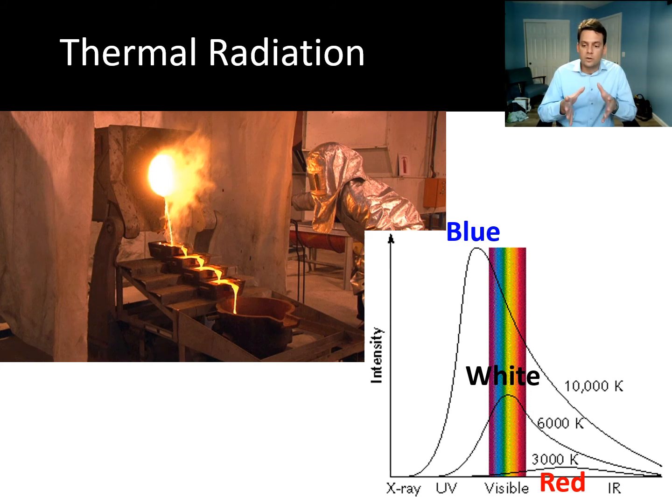A white star, or anything glowing white hot, is white because it has very nearly the same number of photons being produced at all visible wavelengths. It can't be exactly equal, but it's equal enough that when our eye puts it all together, it registers as white.